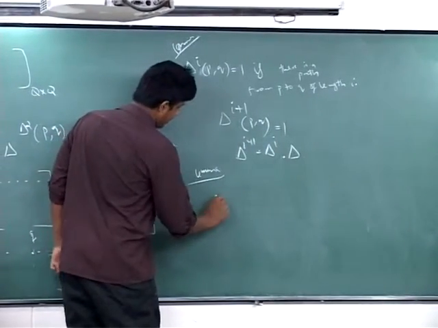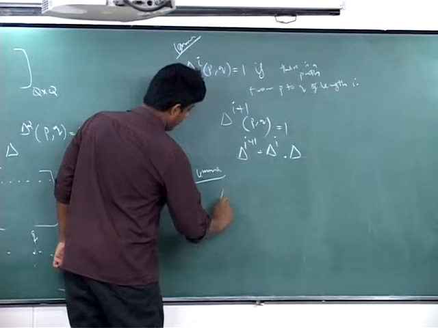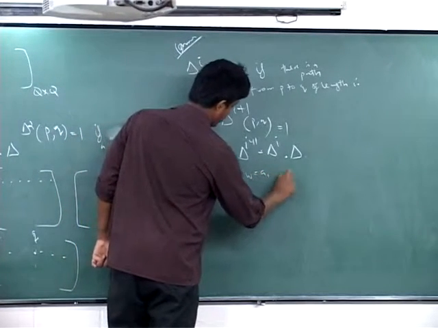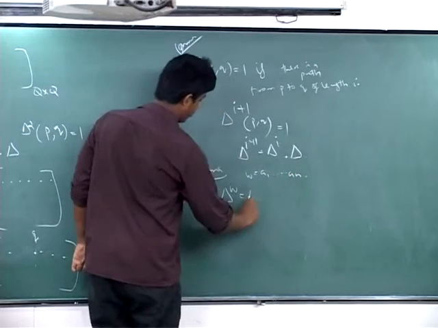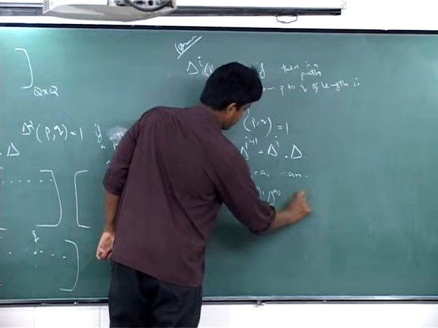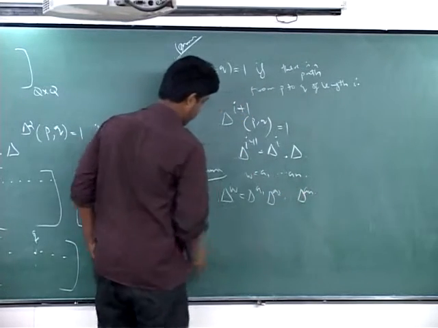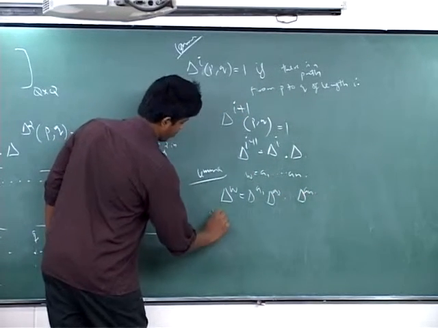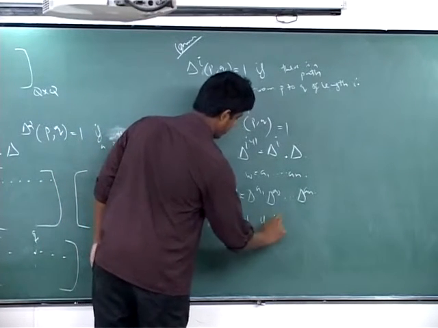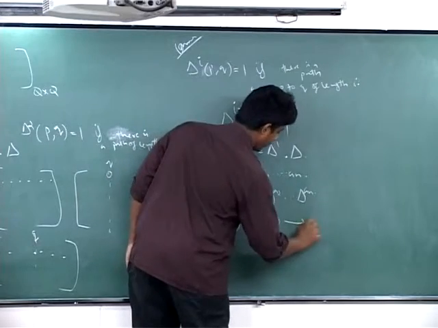Now I'll say that delta power w, suppose w is equal to a1 to an, is delta power a1, delta power a2, up to delta power an. And then I claim that delta power w of p comma q is 1 if p goes to q on w.